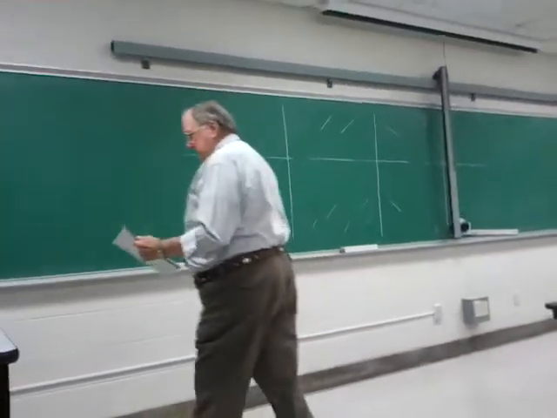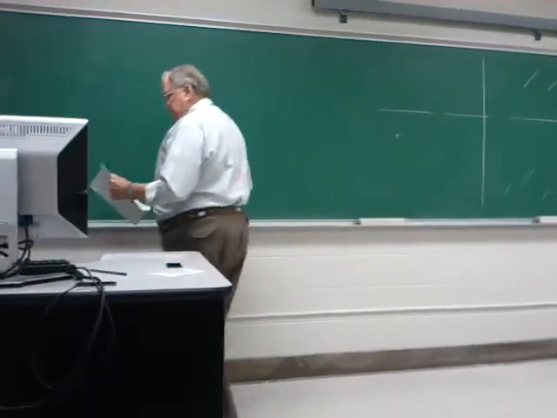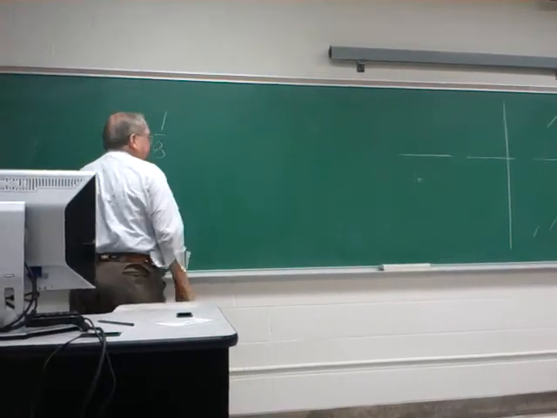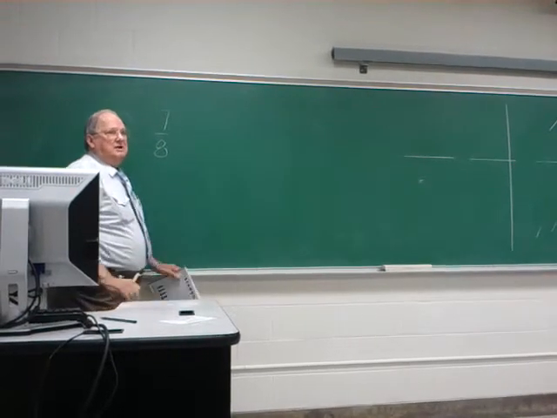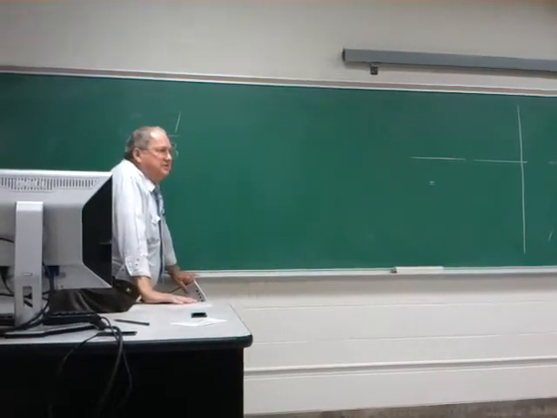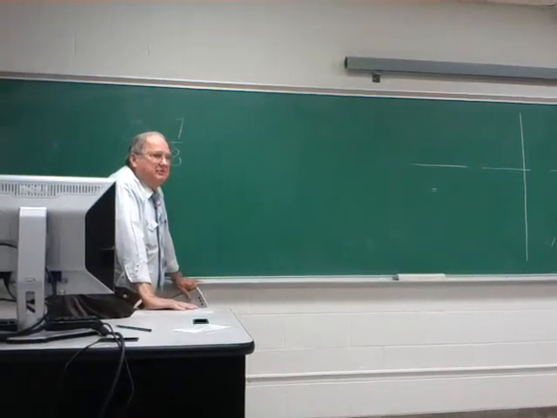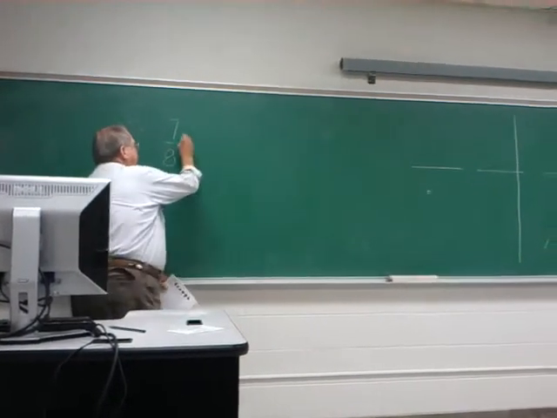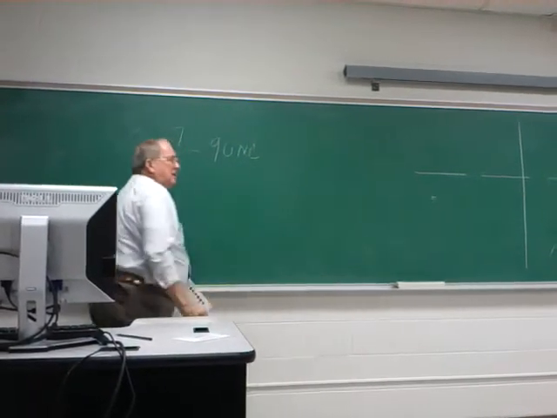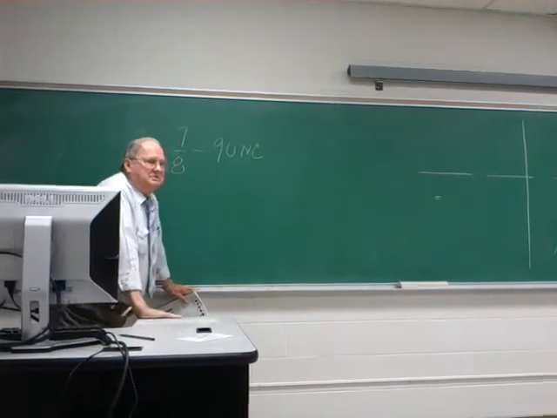Okay, so here we go. The first one here, you are to draw a 7/8 diameter. When you go down to the hardware store and get yourself a nut and bolt, the first thing you're concerned with is the diameter of it. The next thing you might be concerned with is the type of thread.